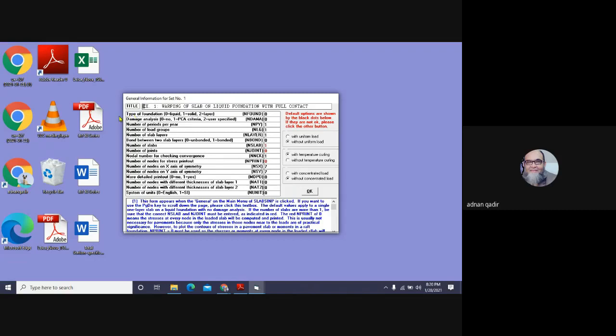For the purpose of this class, assume this is a liquid foundation. When I say liquid foundation, I mean the foundation is assumed as a series of springs, and whatever load is transferred, if it is released, the slab comes back to its original position.